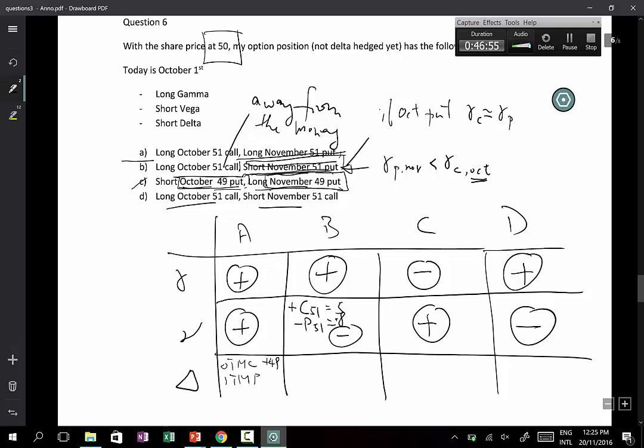Now the in the money put would have a delta of around, let's say, 53. It's definitely above 50, and the out of the money call is definitely below 50. So on a net basis, you will be short delta here. So short delta.